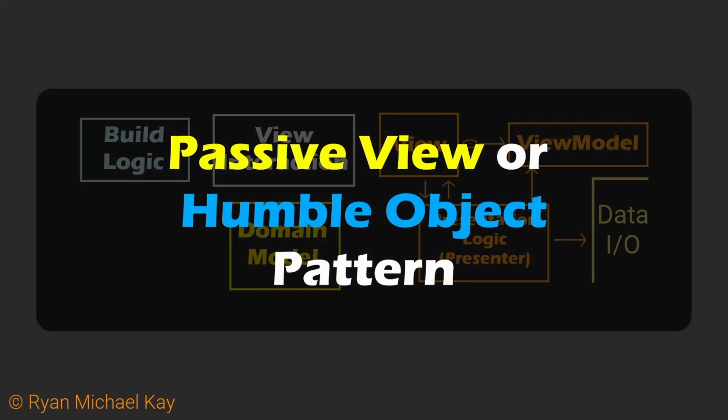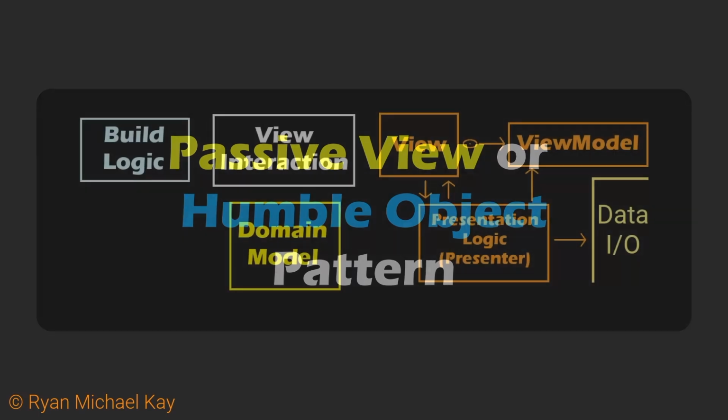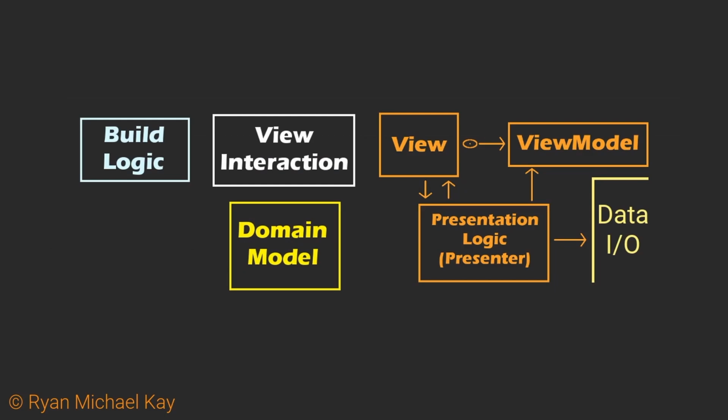This reason is called passive view or humble object. Instead of having the view or the view model manage the control flow of each screen, I pull that logic into a separate class. This class is super easy to write and test because it has no third-party dependencies, and it prevents my view model from becoming an ugly god object. You should try it sometime.